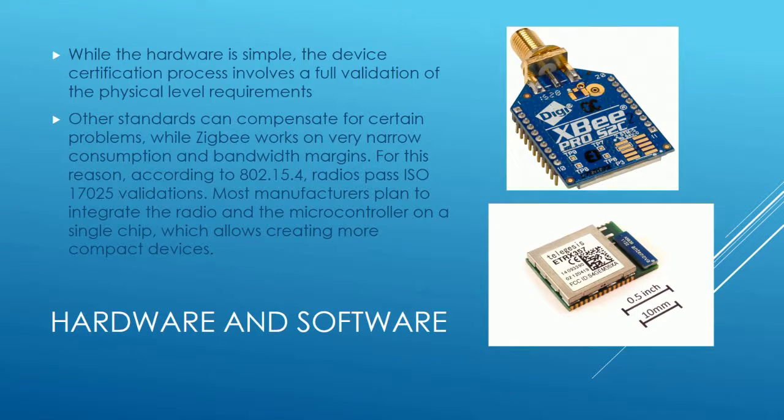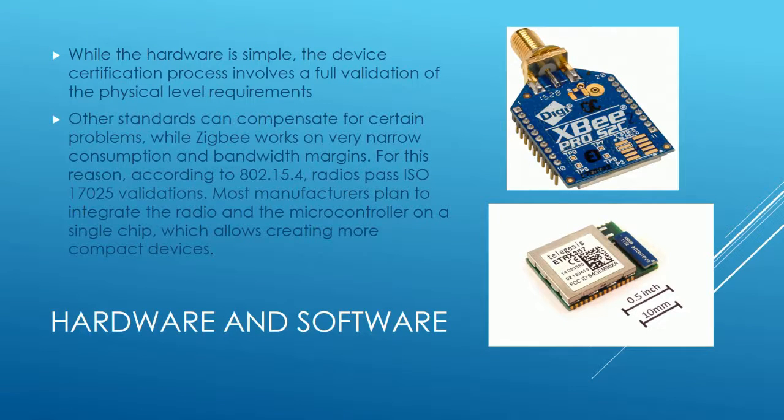While the hardware is simple, the device certification process involves a full validation of the physical level requirements. Other standards can compensate for certain problems, while Zigbee works on very narrow consumption and bandwidth margins. For this reason, according to 802.15.4 radios pass ISO 17025 validation.